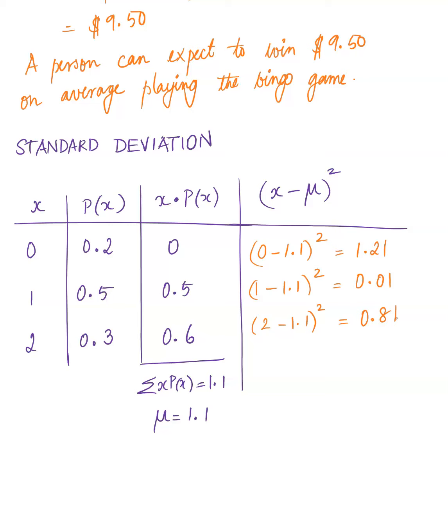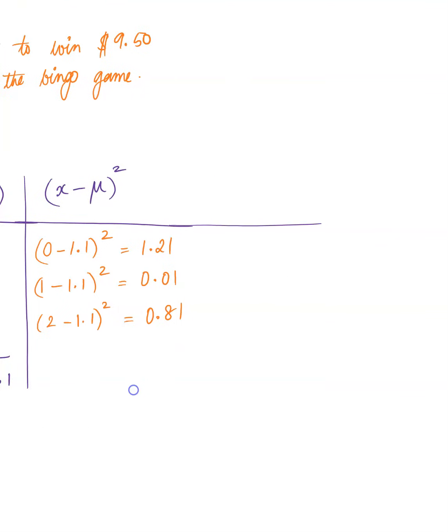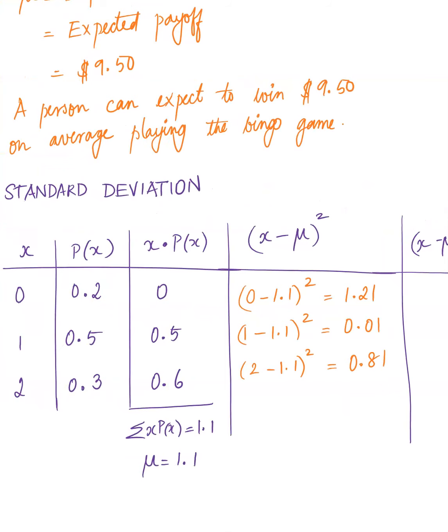So once you got this column, now we have one more, because we haven't factored in the probability in this calculation yet. So we have one more column, which says we have to do x minus mu the whole squared times P of x. Okay, so the P of x is 0.2, 0.5, 0.3. You're going to take each one of them and multiply it to the orange values.